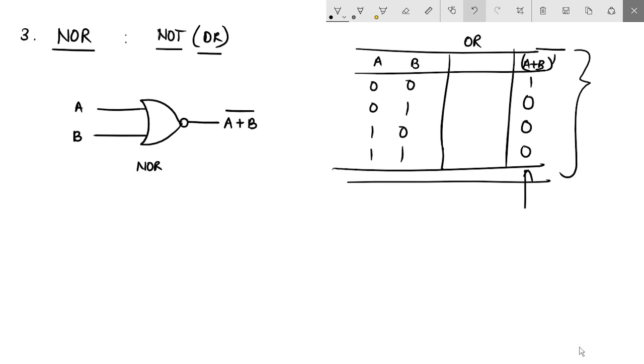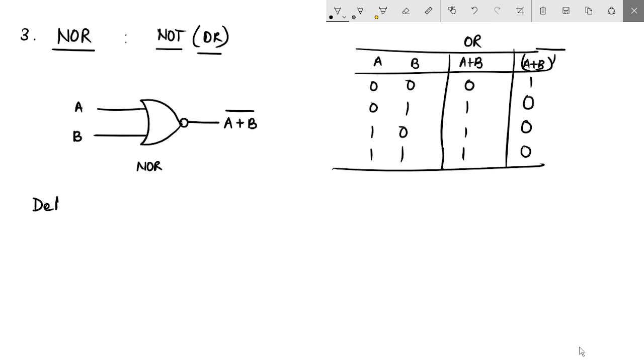Okay. Also, De Morgan's theorem for Boolean algebra says that complement of ORing of two variables is same as ANDing their individual complements.